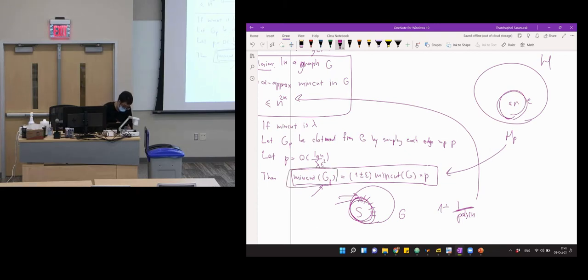And what should that be? I think you just set p to be r times log n over lambda epsilon square.